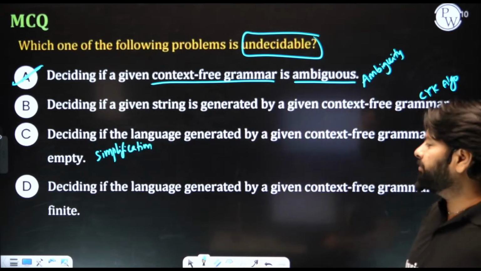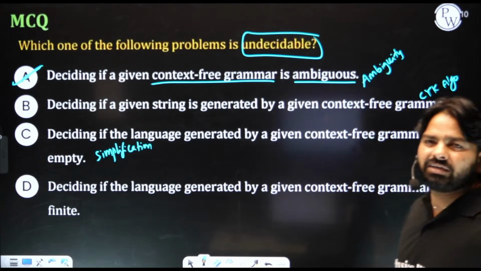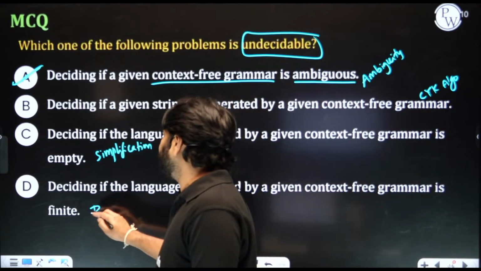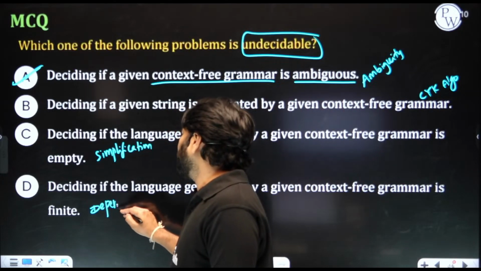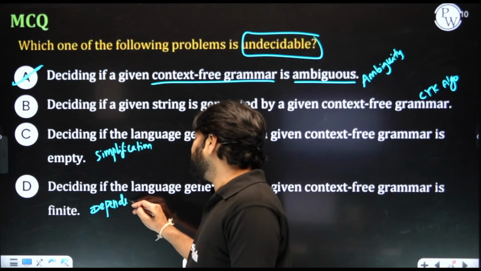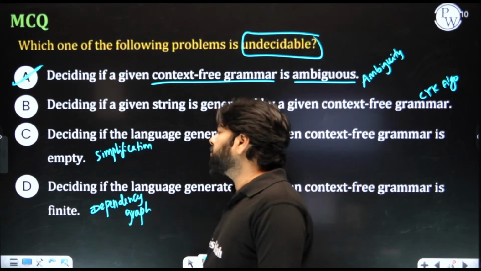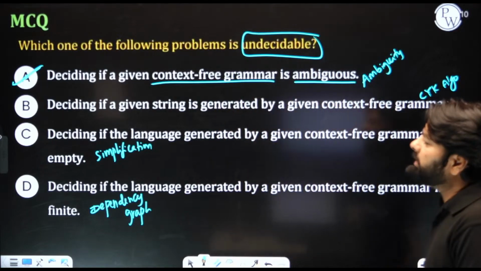It's decidable. And deciding if the language generated by a given context free grammar is finite. You can use a dependency graph that will help you decide whether the context free grammar generates a finite or infinite language. Construct the dependency graph and check for the loops. That would be sufficient. So only option A.